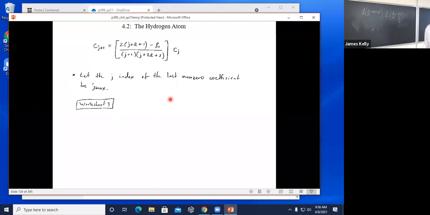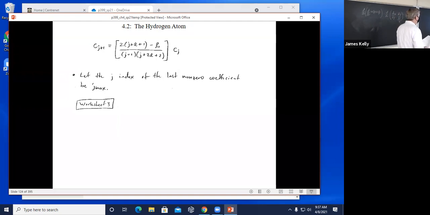Then we want to see what that tells us about the relationships between these other constants in here. So I'm looking at problem 3 now. I've given you there the recursion relation.